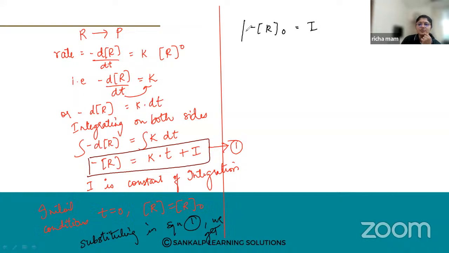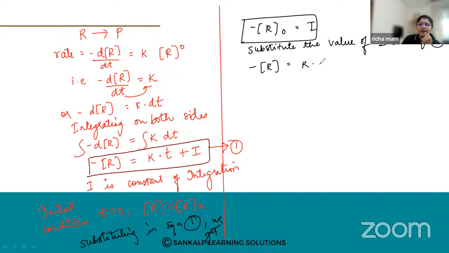So I is equal to minus R naught. Now substitute the value of I in equation 1. Minus R is equal to kt minus R naught.